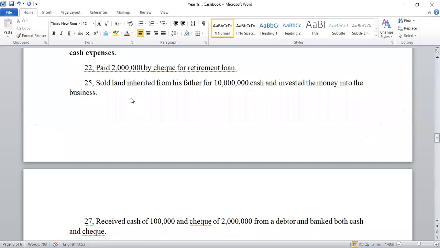So what we're interested in is not the land, we are only interested in the money that he brought into the business. And because he's investing this money, this is what we call capital. So the accounts involved here are the cash account and the capital account. Because money is coming in, we are going to debit cash and credit capital. But we're not interested in the capital bit, only the cash bit. We are going to debit.